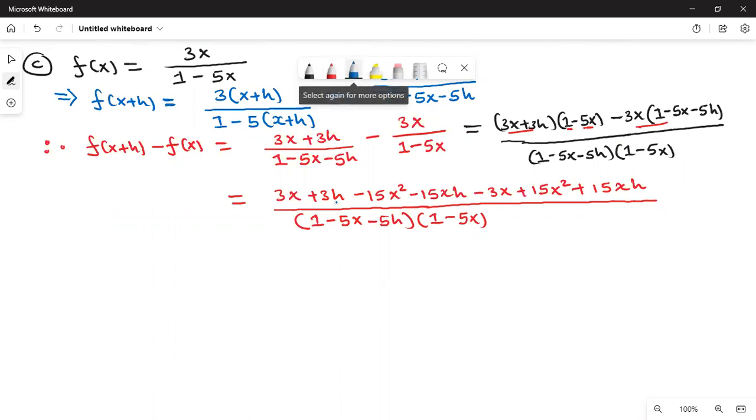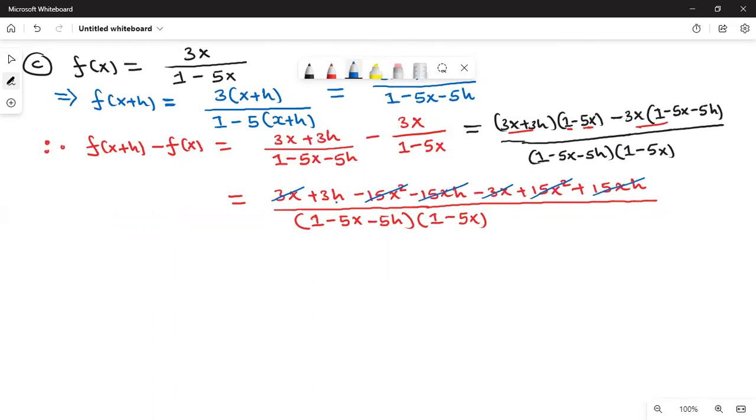So let's simplify the numerator. I can see 3x will cancel with this other negative 3x. What else can cancel? Negative 15x squared will cancel with this, and even negative 15xh will cancel with this.